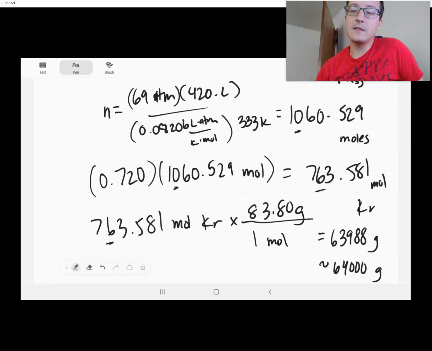Okay, so Cassidy, this 83.8, I got that from the periodic table. So that's just the atomic mass of krypton, which we will use to convert from moles. Okay, questions on krypton? Did you guys get that as your answer?